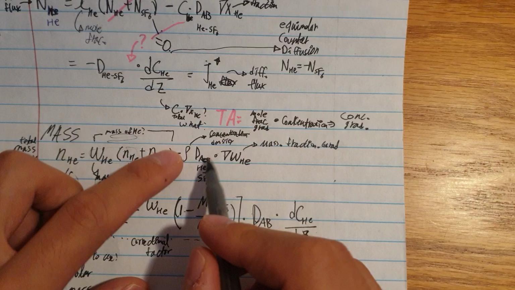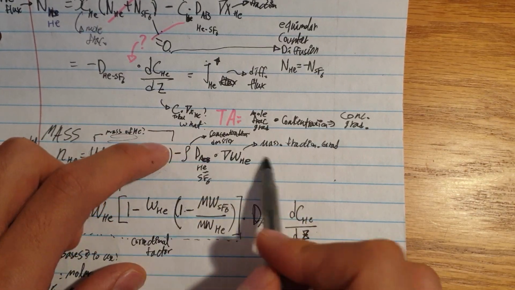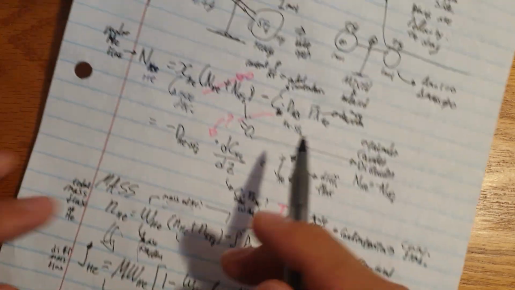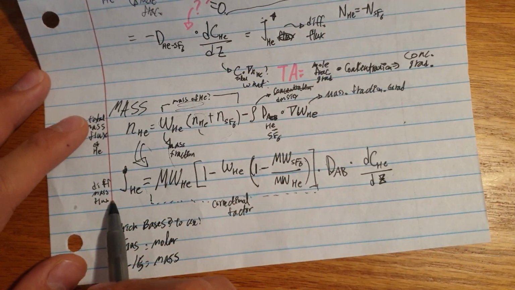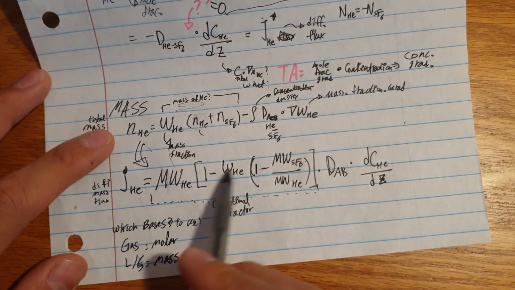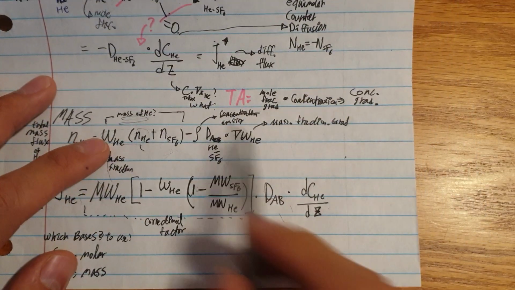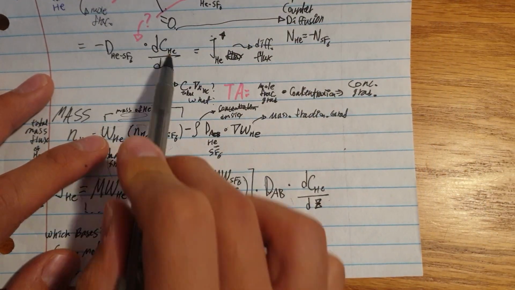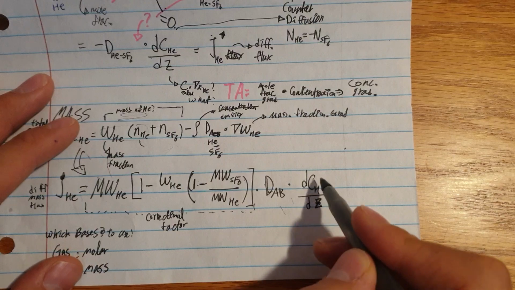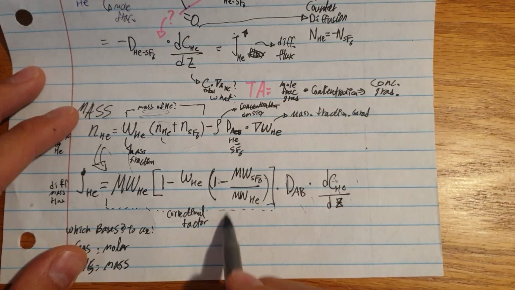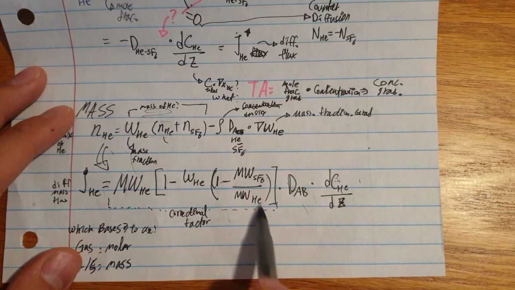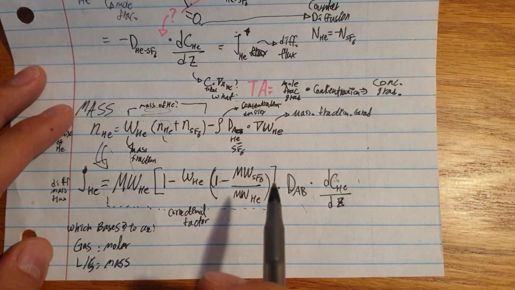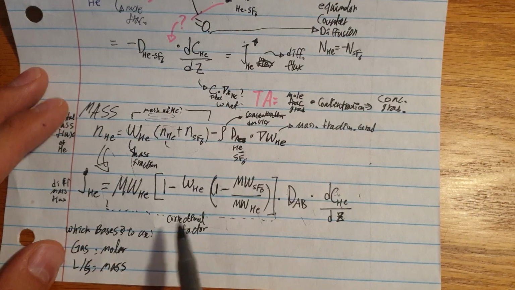Now the concentration is defined not by the mole but by the mass. Through some complicated math, we can get the diffusive mass flux of helium, where these are correction factors, and we have a similar diffusivity times the concentration gradient, where this is the mass concentration, and then the correction factor involving molecular weight and the mass fraction of helium, and so on. And we can represent the diffusive mass flux of the system.